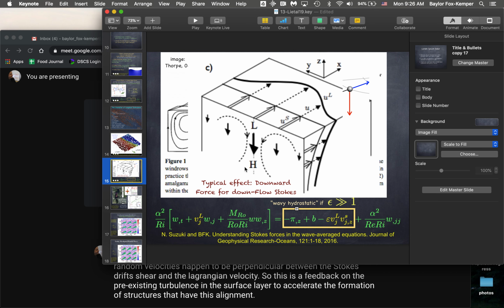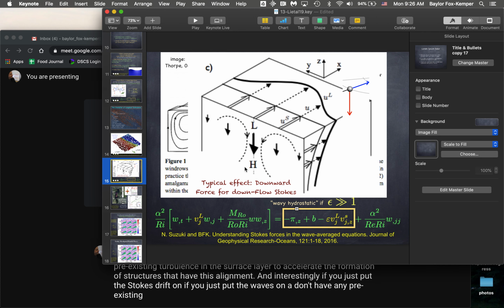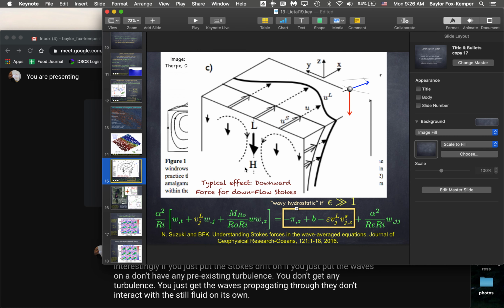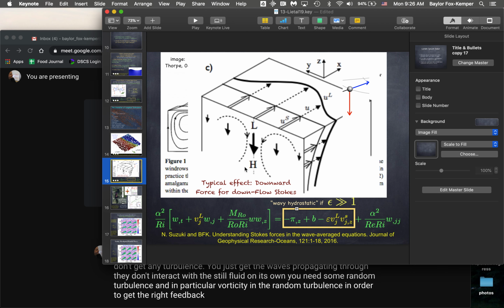And interestingly, if you just put the Stokes drift on, if you just put the waves on and don't have any pre-existing turbulence, you don't get any turbulence. You just get the waves propagating through. They don't interact with the still fluid on its own. You need some random turbulence, and in particular vorticity in the random turbulence, in order to get the right feedbacks kicking into place.